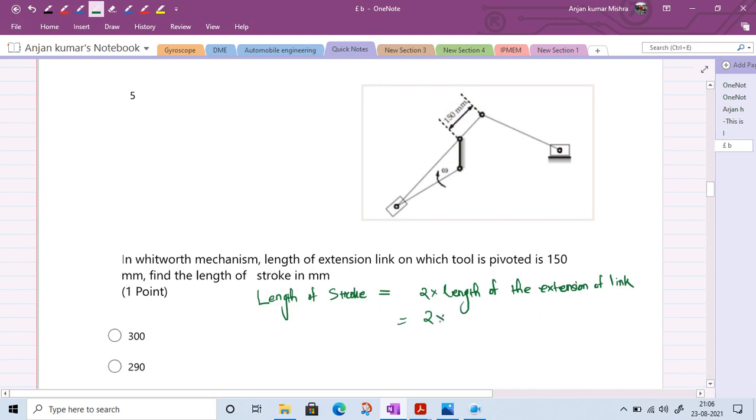So 2 multiplied by 150 is equal to 300 mm. So no need to break your head over the derivation. Simply, the length of the stroke equals 2 into the length of the extension of the link. Use this formula and you will get the straight answer, 300 mm. So option 1 is correct here.